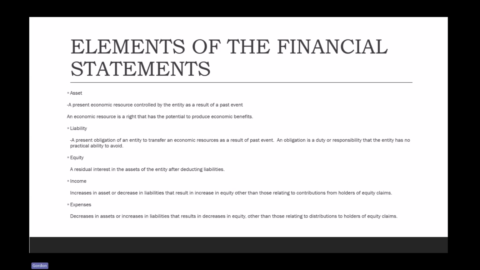Does everyone understand this? Any question? Mr. Gordon? Yes, I think this question is very important. As you are saying, the income increases the asset while expense decreases the asset. So does this mean that in terms of accounting for income, we will put income on the debit side of the asset, and expense on the credit side of the asset? Come again.